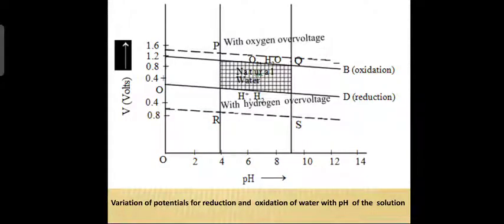Okay. And then here there is a graph showing V, that is the potential in volts, versus pH. So, in ideal conditions, a species would be reduced by water if its reduction potential is greater than 1.23 volts at pH equal to 0.